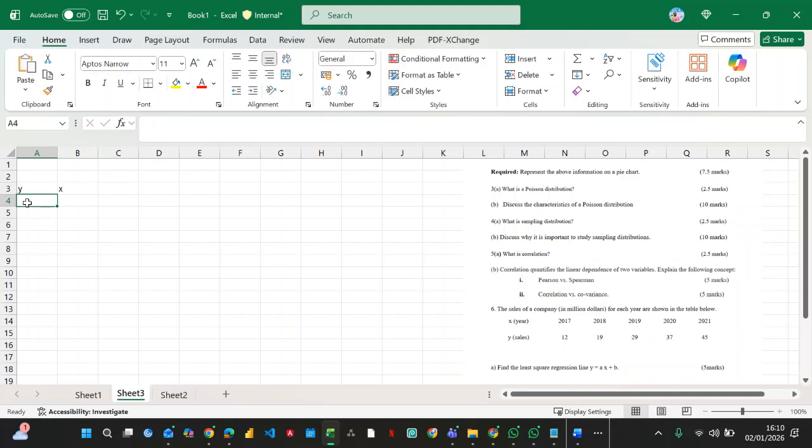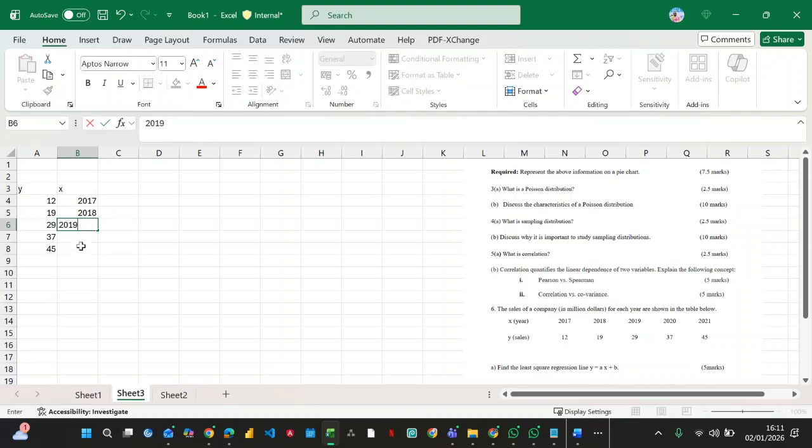And then we have summation of x squared, which is 55. We add 12 plus 19 plus 29 plus 37 and this 45.